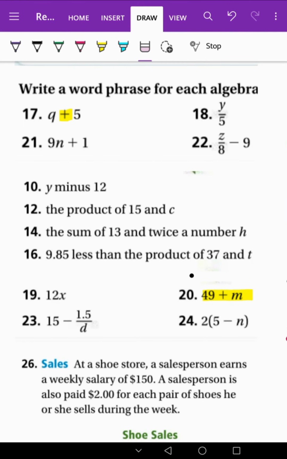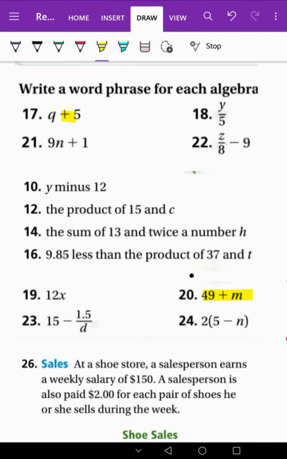Now, write a word phrase for each algebraic expression. Rayyan, number 17, please. q plus 5. We read plus as "more than" when writing it as a word phrase. So, q more than 5.